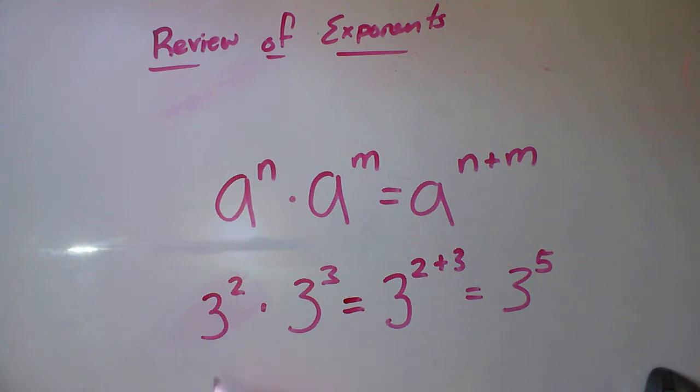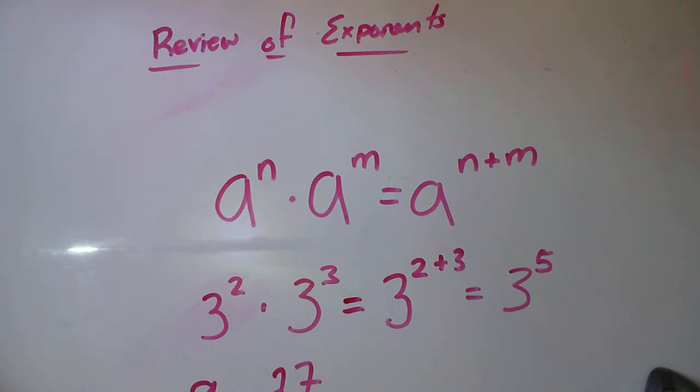Now, if you think about that, 3 to the 2nd, that's 9. 3 to the 3rd, that's 27. And 9 times 27, right, is 243. That's a guess. I'm getting my calculator out.